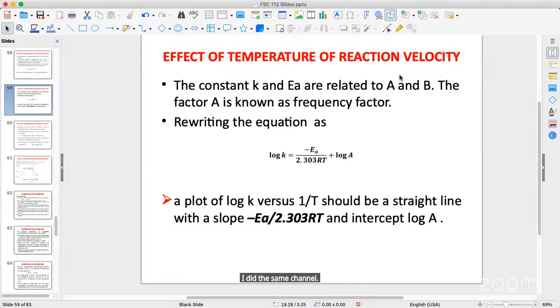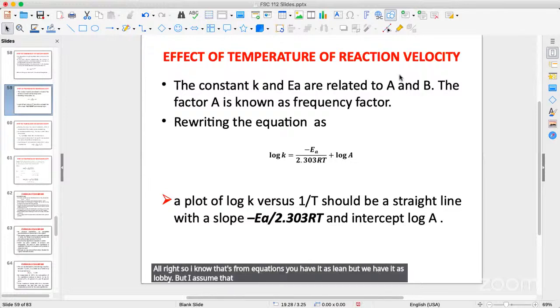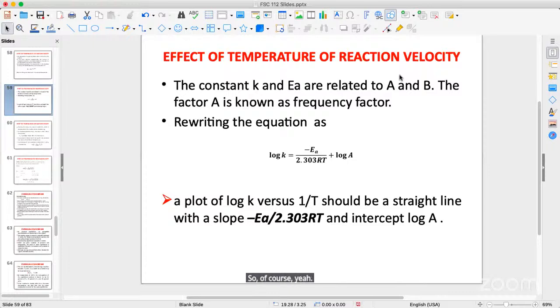So there's a difference between the natural log and the other one. When you're using ln, you won't have this 2.303. I know that some equations you have as ln, but we have it as log. I assume that you know the relationship between ln and log anyway. Yes, sir. Thank you.